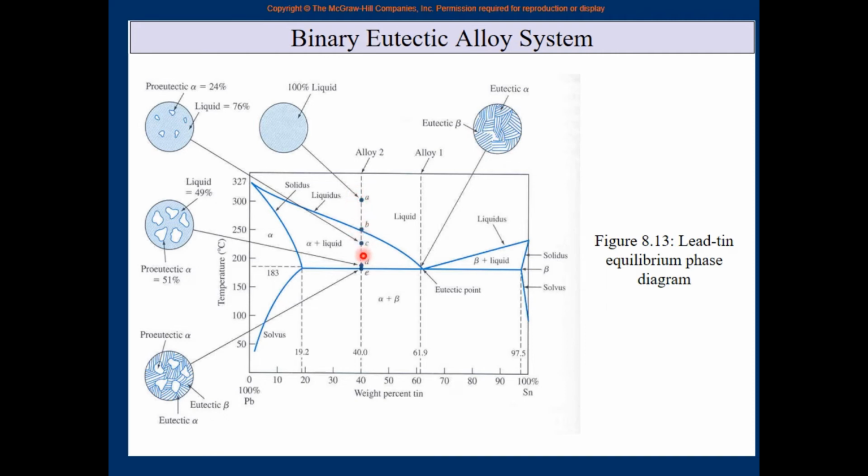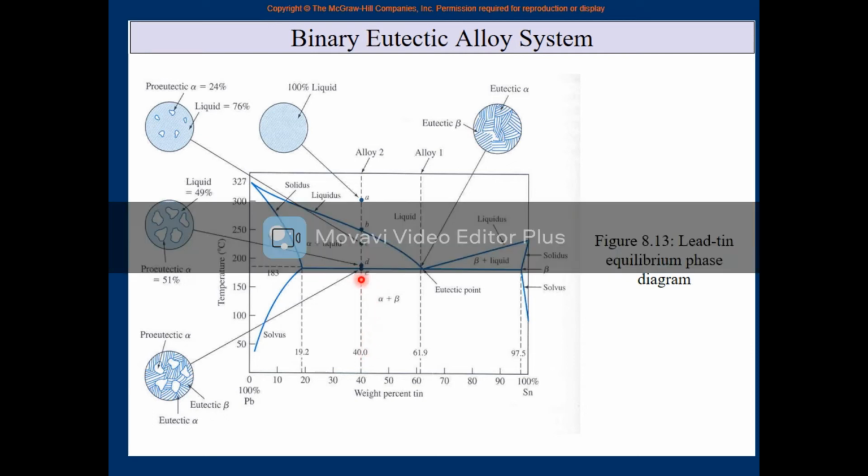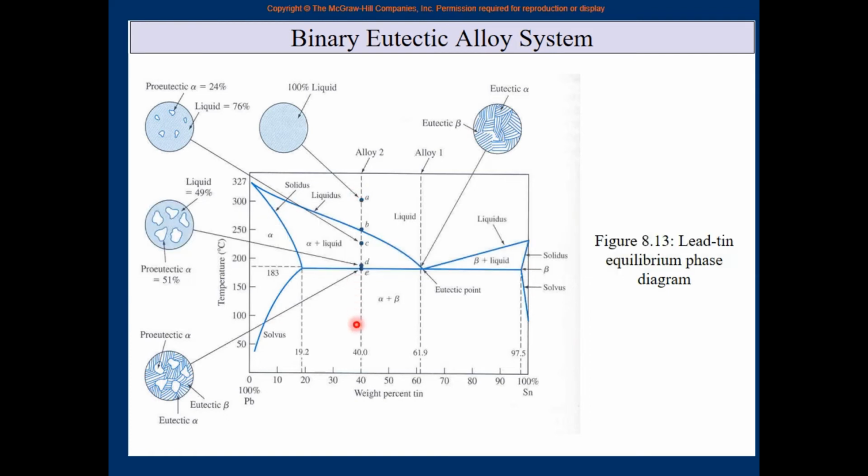So pro-eutectic means before eutectic, and this is eutectic, and after that it remains eutectic. You understand? This is the eutectic temperature. Because we are cooling, we are at this temperature first, and then this temperature, and then this temperature. So any temperature above the eutectic line is called a pro-eutectic condition.